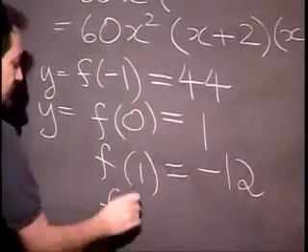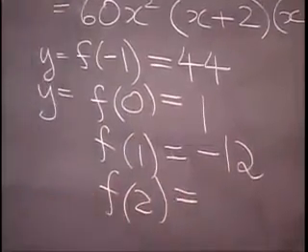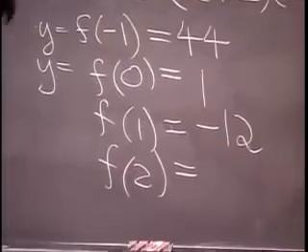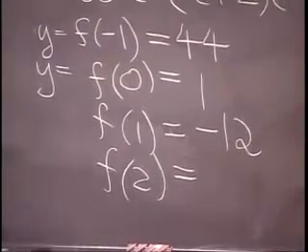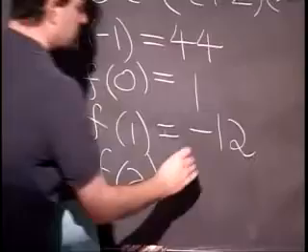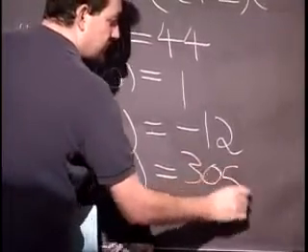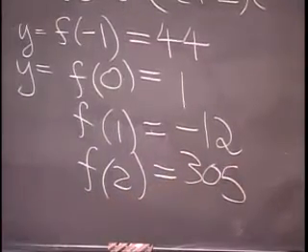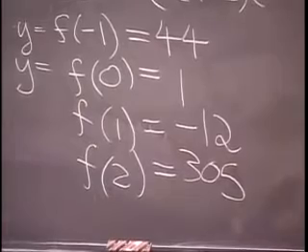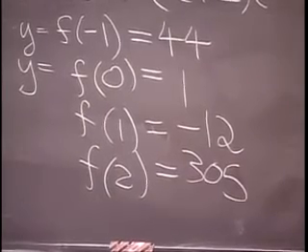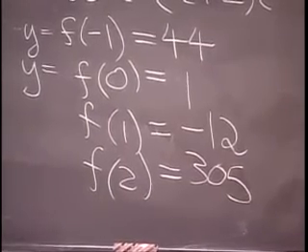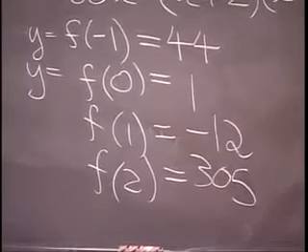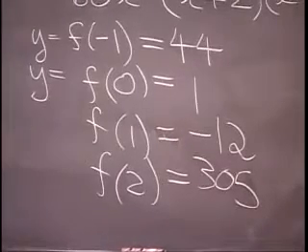And finally, f of 2, if you plug that in, it's a bit of a mess. I mean, 2 to the 5th is 32. So I worked it out on paper once upon a time as 305. It's not a very difficult computation, but you still have to do it. So which ones are the maxima and which ones are the minima?